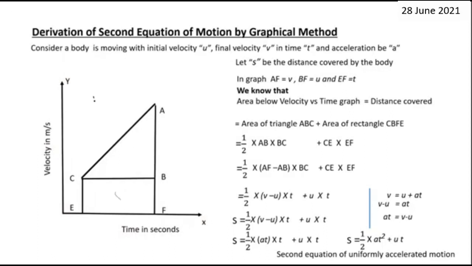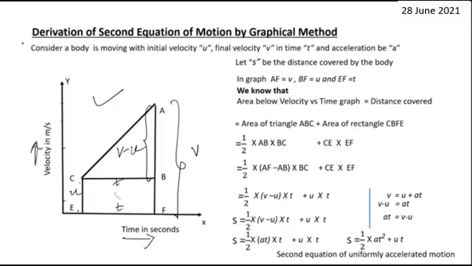This should be your graph. You need not even mention the values here. It is understood that CE is U, and from here to here it is V, so from here to here it becomes V minus U. That you can write, and this becomes T. This also is T. This is time and this is velocity.